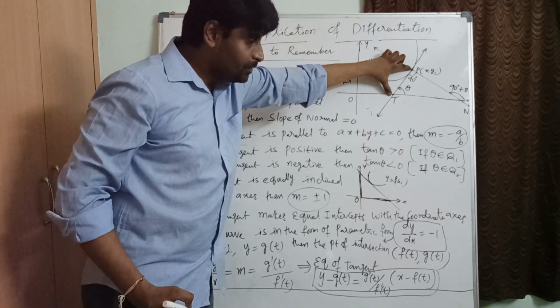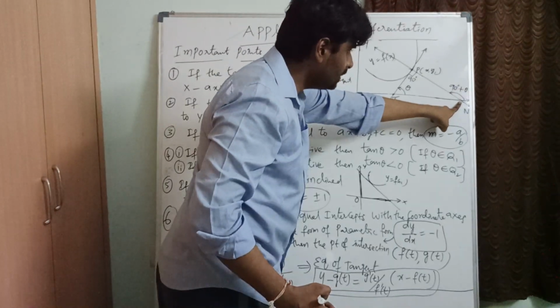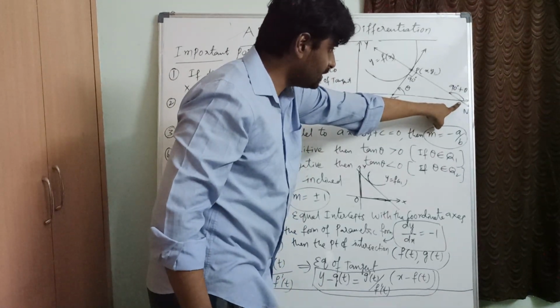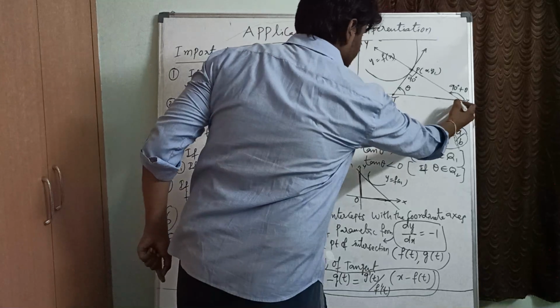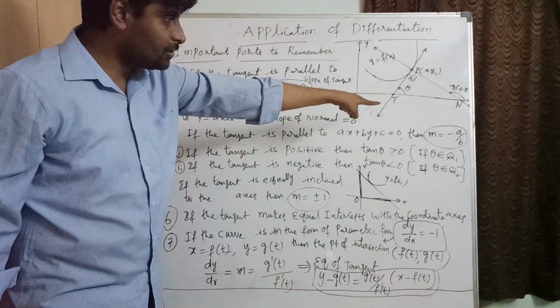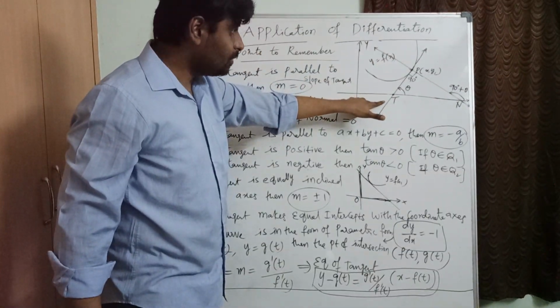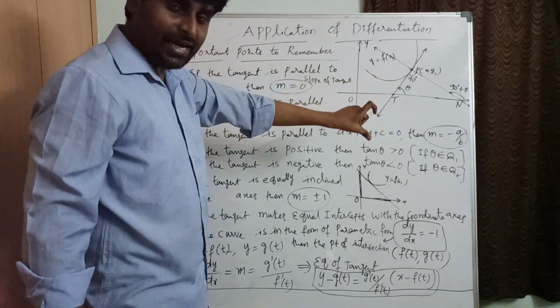Similarly, what is the length of normal? Here the normal meets the x-axis at a point, so let me take this as N suppose. There PN will be the length of normal, PT is the length of tangent. Now what is the length of subtangent?